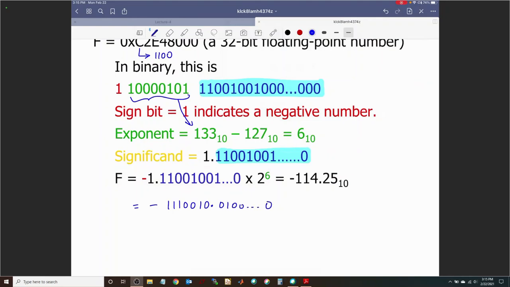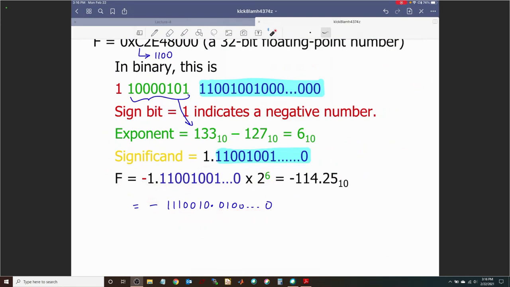So I've essentially consumed this 2 raised to 6 when I did that multiplication. And then you can find the decimal value of this, which is negative, all of this will be 114 and this will be 0.25.